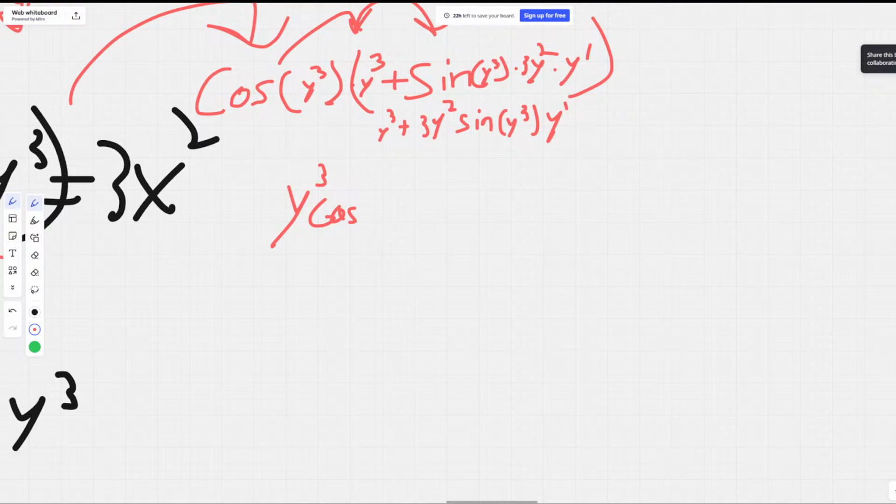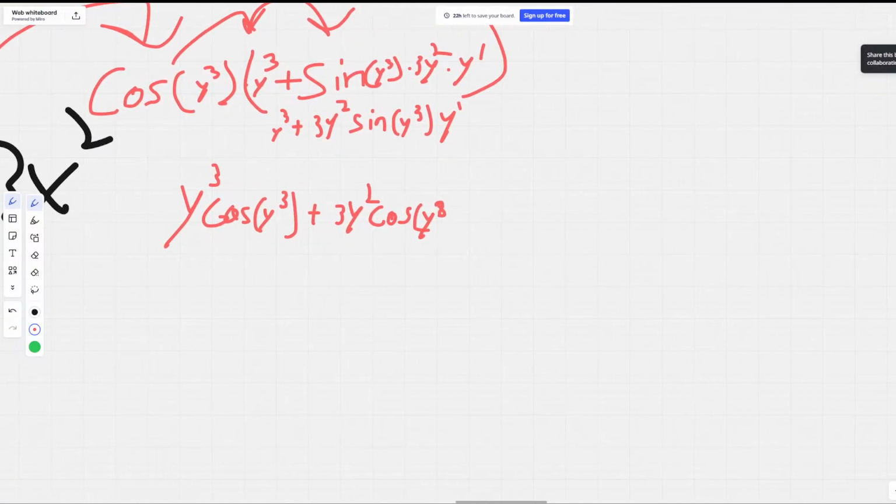cosine y prime plus 3y squared cosine y cubed times sine y cubed is y prime.